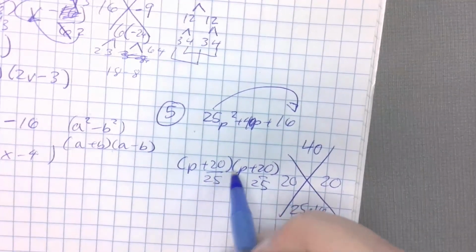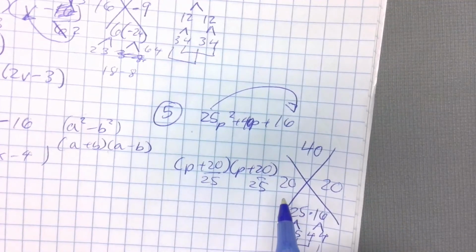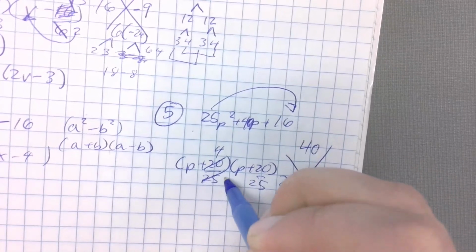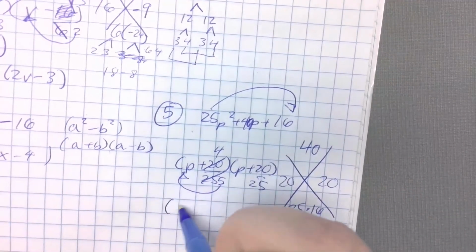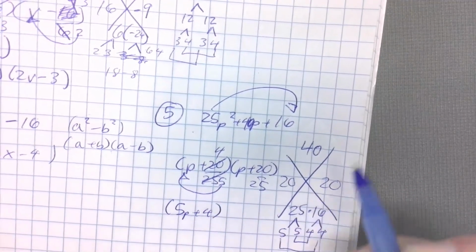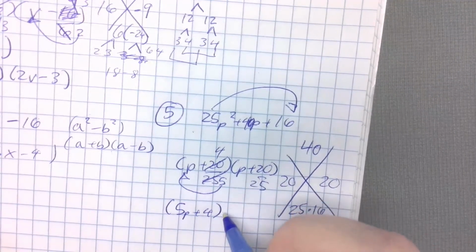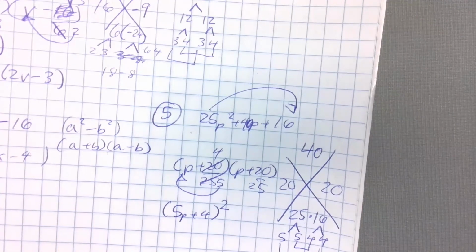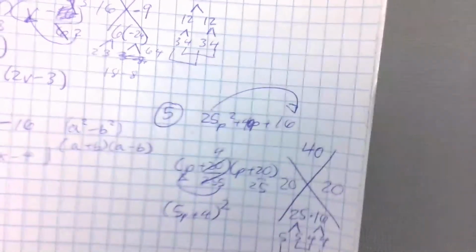What can I take out of both of those? A 5. What's it make the top? What's it make the bottom? 5. And then just put it in front. And that's the exact same thing. So instead of writing it twice, you just say twice. Okay, there's going to be one graphing one.